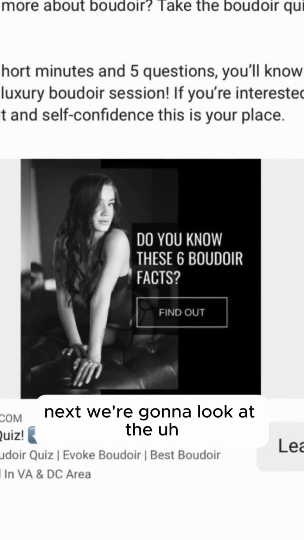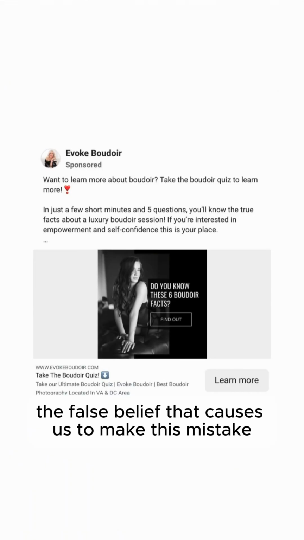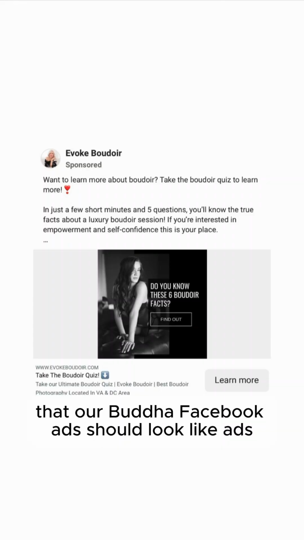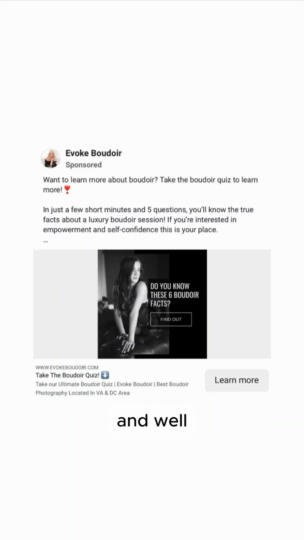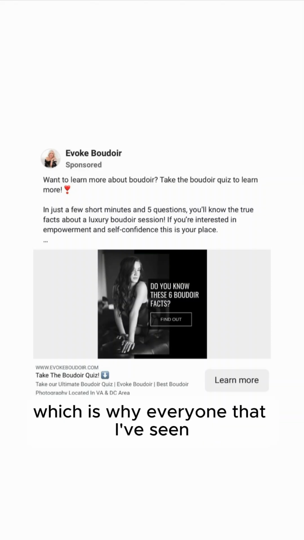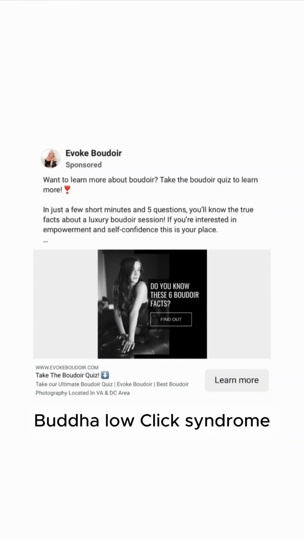Next, we're going to look at the creative, the photo. This is the looks like an ad mistake. So the false belief that causes us to make this mistake is that we actually believe that our Boudoir Facebook ads should look like ads, because that's the same with all the other Boudoir Facebook ads we've seen. And that's because everyone's making the same mistakes, which is why everyone that I've seen the backend data for has had BLCS, Boudoir low-click syndrome.